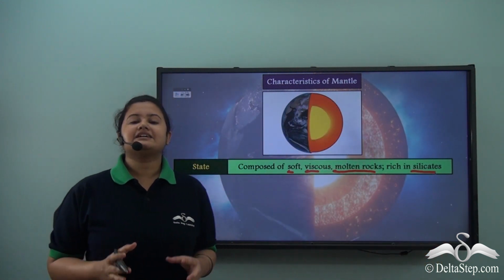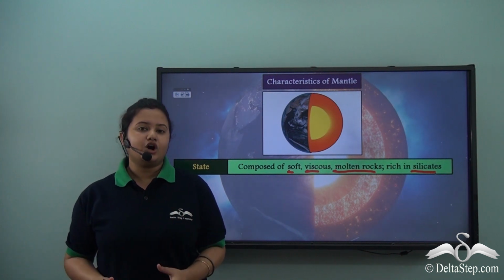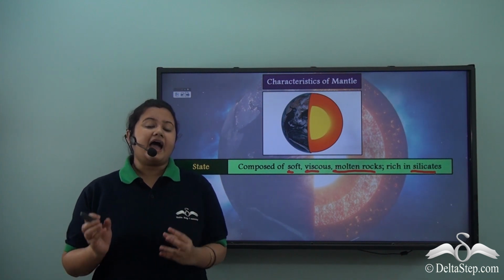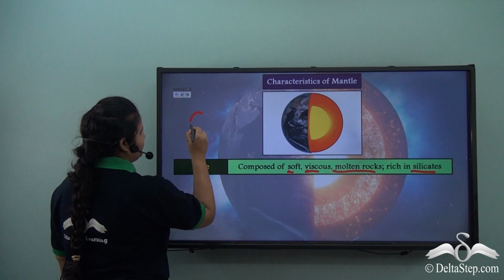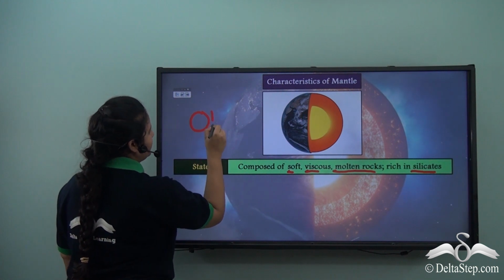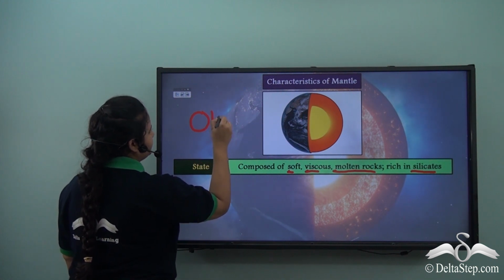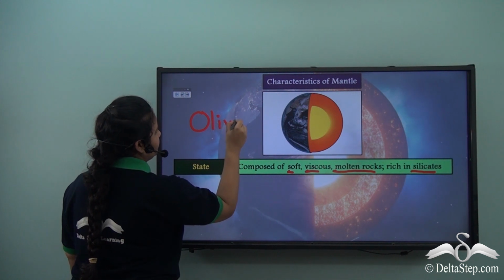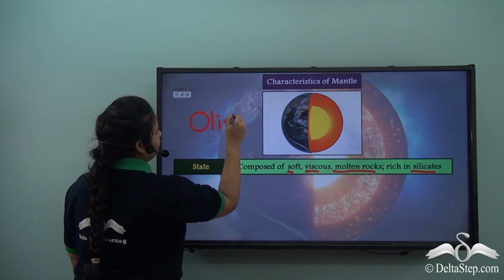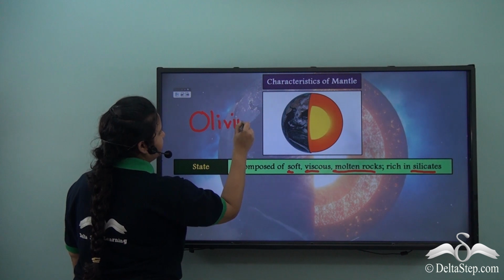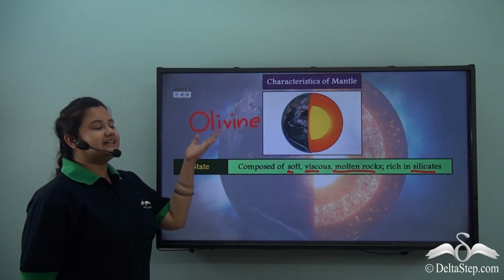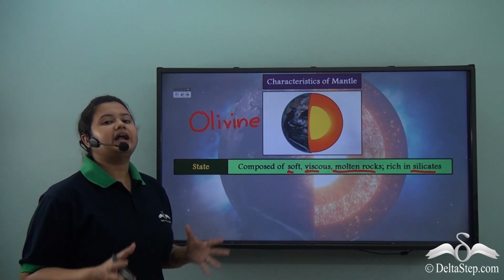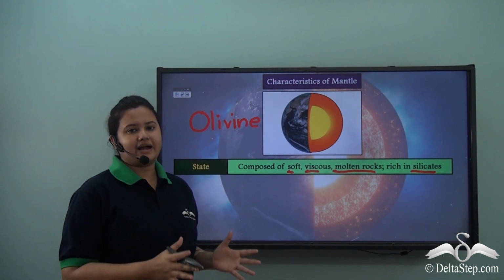Now, silicate is a compound of silicon and oxygen, and the most abundant silicate found in mantle is olivine, O-L-I-V-I-N-E. So, this is the most abundant silicate found in mantle.